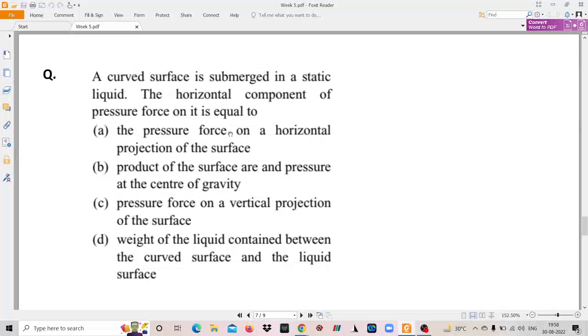Okay, please think carefully, and for this type of problem I always suggest you draw a figure and try to visualize what will be the force. So you have to determine what is the horizontal component of the pressure force for a curved surface which is submerged in a fluid at rest, or a static fluid.